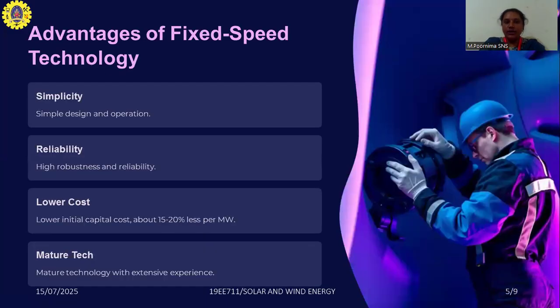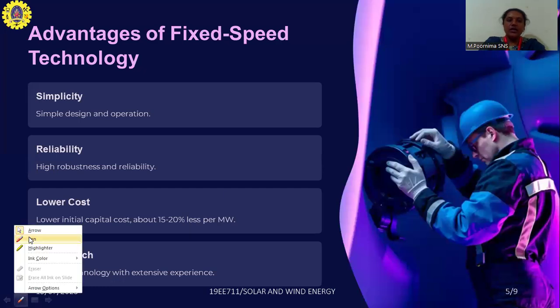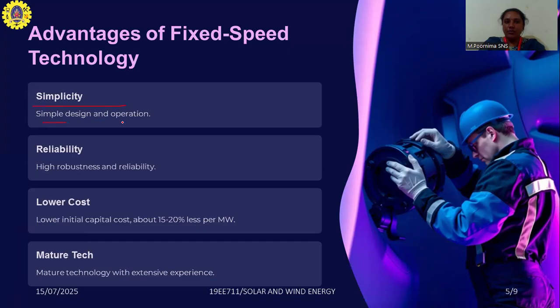Now coming to the advantages of fixed speed technology. The first one is simplicity: simple design and operation. Next is high robustness and reliability.